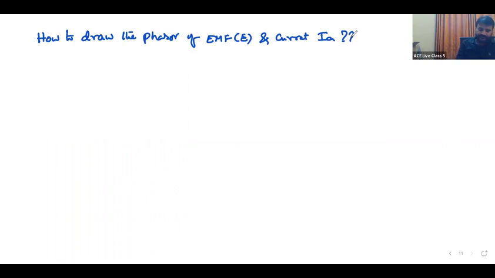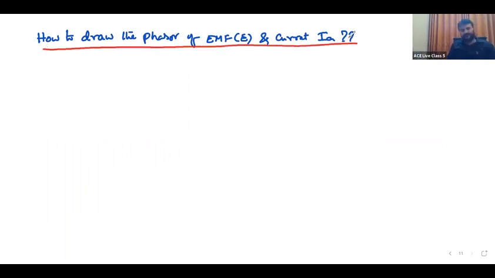Let us see. In this, I would like to show that E lags flux by 90 degrees. How does E lag phi by 90 degrees? With this diagram, I would like to show.